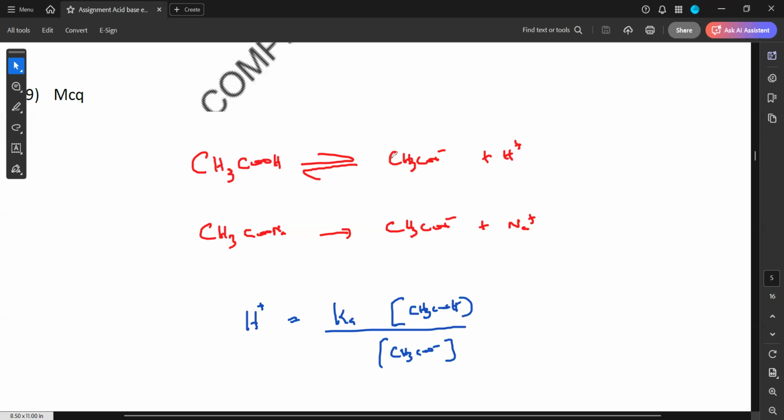As you can see, this negative ion CH3COO is coming from both molecules. It's coming from the acid and it is coming from the salt. So we have a reservoir, or too much of the conjugate base. You can also say a salt. So we have plenty of a salt.